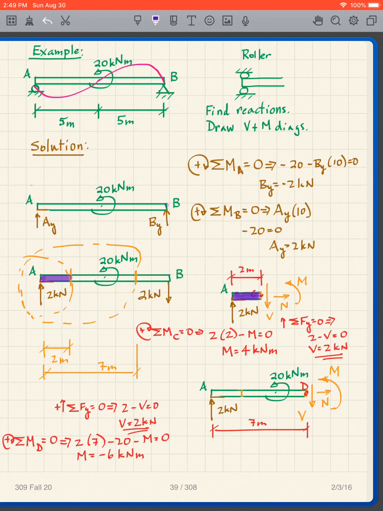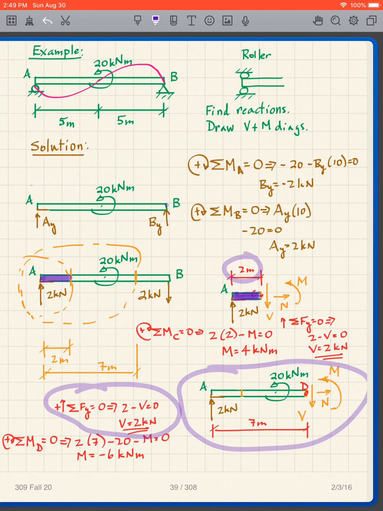In that free body diagram, because in my 7 meters I still have my 20 kilonewton meters, I have to put that into my free body diagram, and that's going to change things a little bit. But if I take the sum of the forces in the y direction equals 0 on this free body diagram, I still get V equals 2, because obviously this 20 kilonewton meter moment does not influence the forces in the y direction.